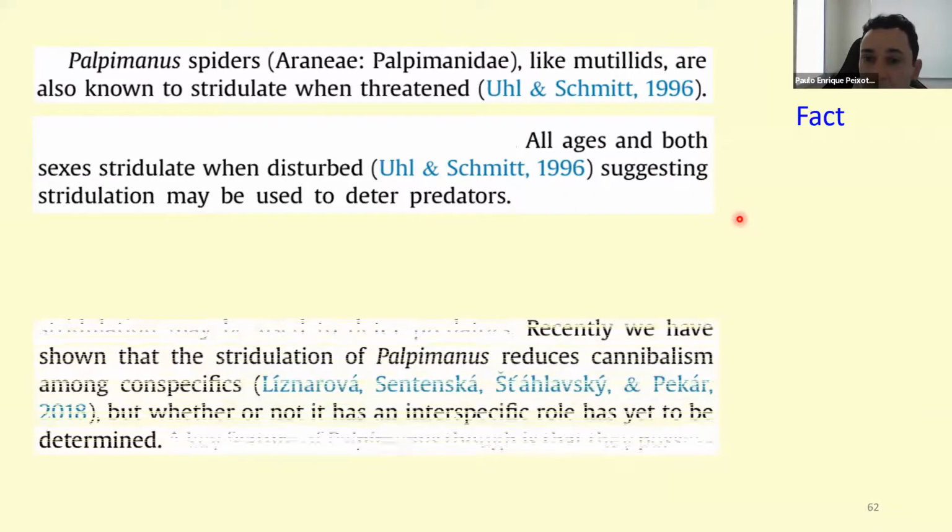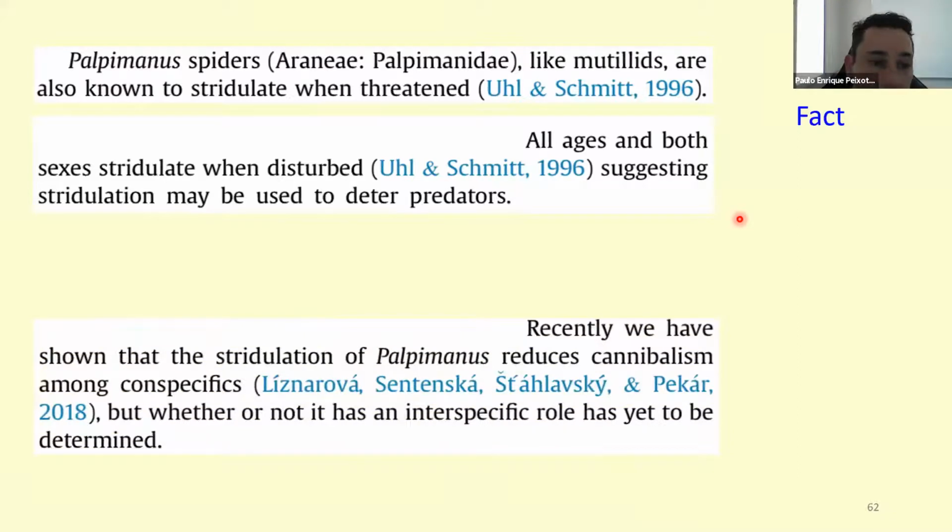After this, they also presented a question. In this part, they wrote, recently, we have shown that the stridulation of Paupimanus reduces cannibalism among conspecifics. Again, there was a citation, but whether or not it has an interspecific role has yet to be determined. This is very important because this is actually the question that they want to answer, because they want to know if this stridulation has some interspecific role.